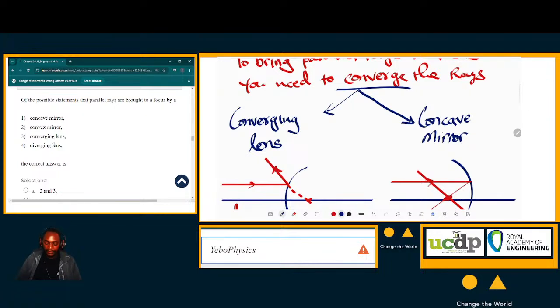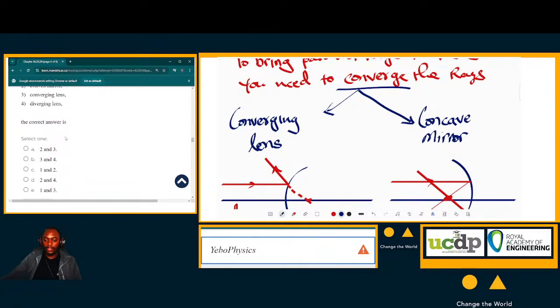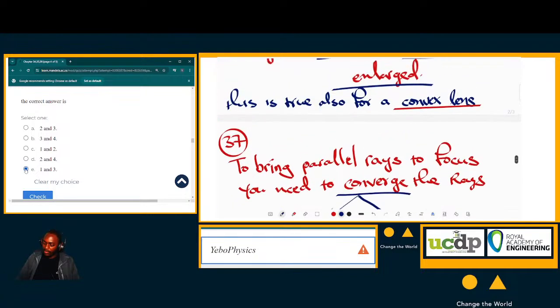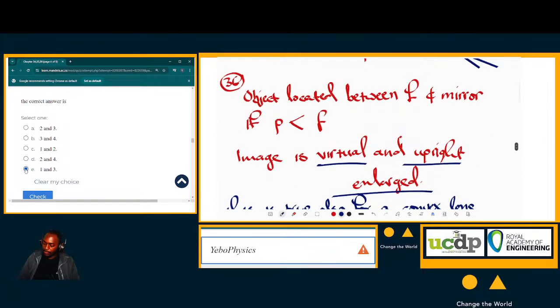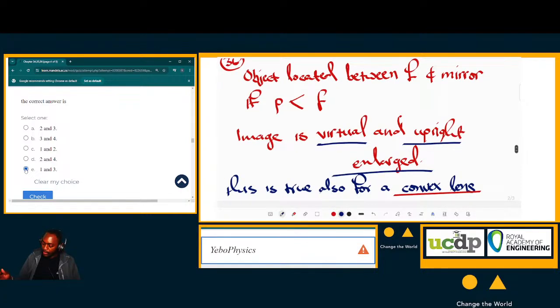So which means that in that case, the options that we'll take, it's option 1, concave mirror, and converging lens. So that's 1 and 3. Okay, and also if you look at what we said earlier on question 36, the concave mirror is almost similar to a converging lens in terms of the images that are formed by objects.